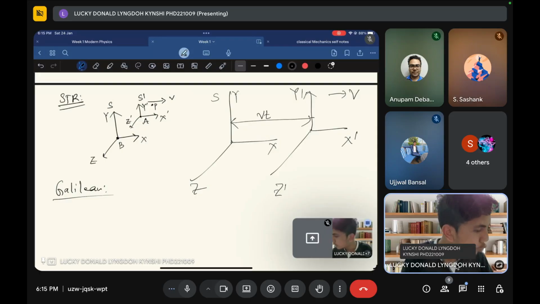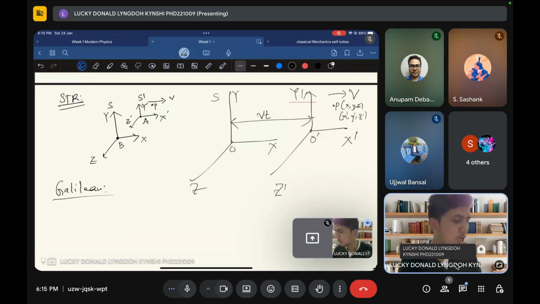Let's say you have one point here, represented by x, y, z if you measure from the S frame origin O, and x prime, y prime, z prime if you measure from the origin O prime.